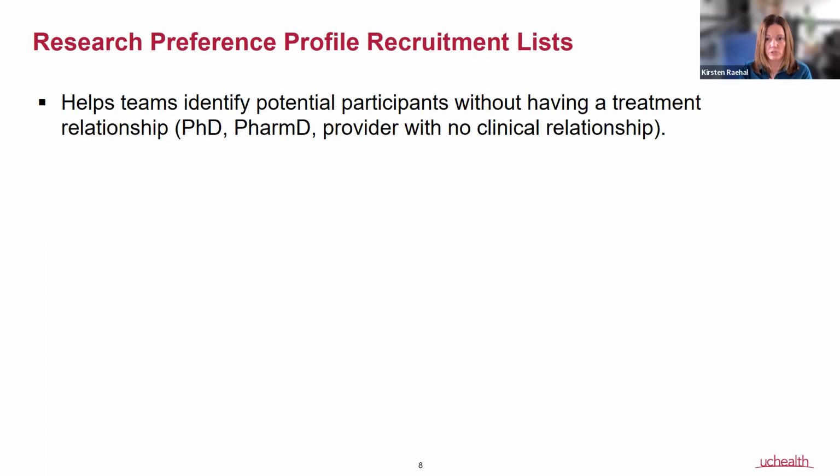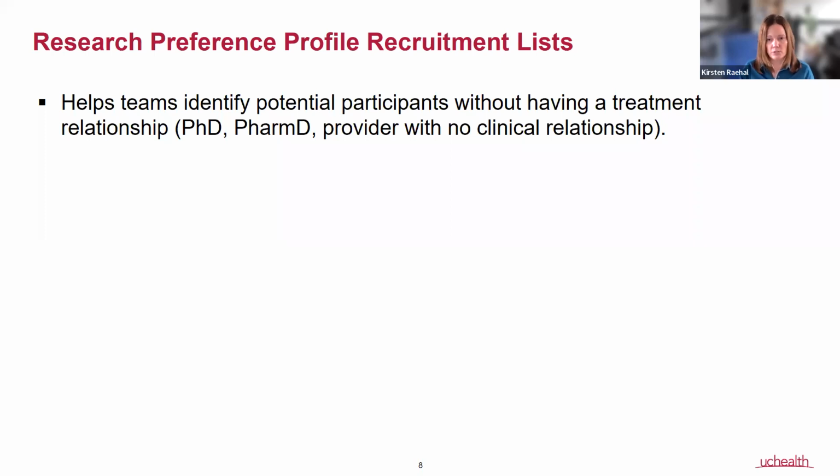Like I mentioned, the research preference profile recruitment list is one of the tools that we use, and this particular tool is useful in helping teams identify potential participants without having a treatment relationship with the study PI or sub-I.